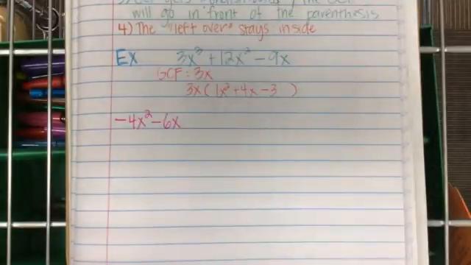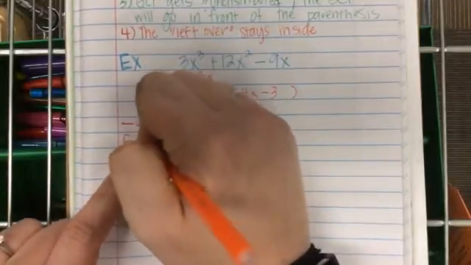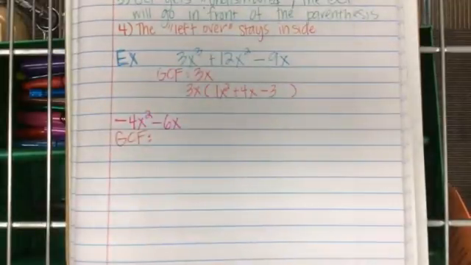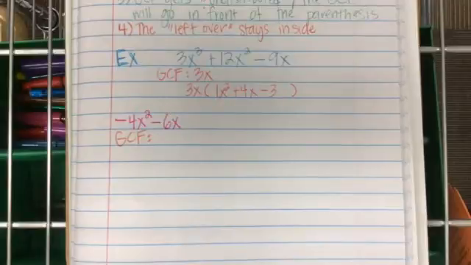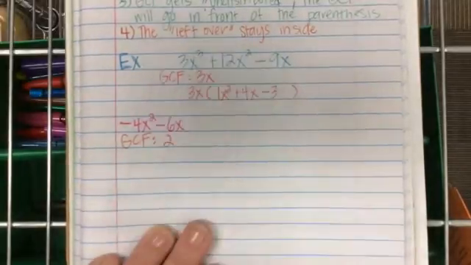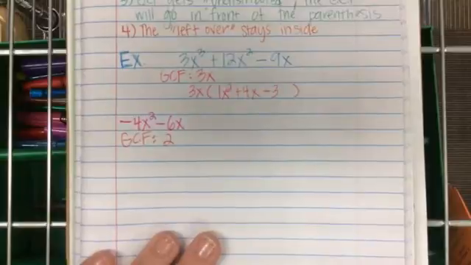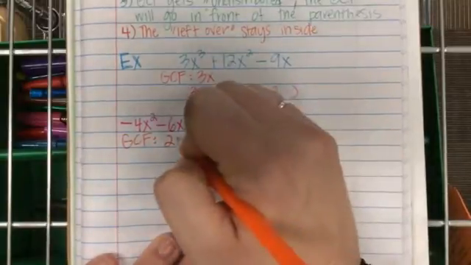So we're looking for the GCF, the greatest common factor, of negative 4x squared minus 6x. What do they both share? What's the greatest common factor? What factors do they share, Dylan M? 2. Anything else that they share? Yeah, it would be 2 and negative. They also share an x.